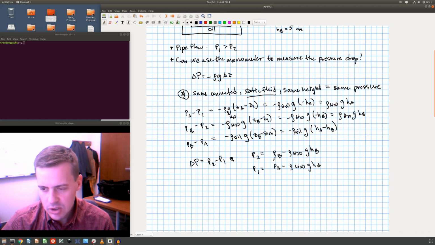And I have a relationship between PB and PA, but I'm going to use that in my solution in a second. So I have P2 minus P1 is going to be PB minus rho H2O G HB, and then minus P1, so that will be minus PA plus rho H2O G HA.